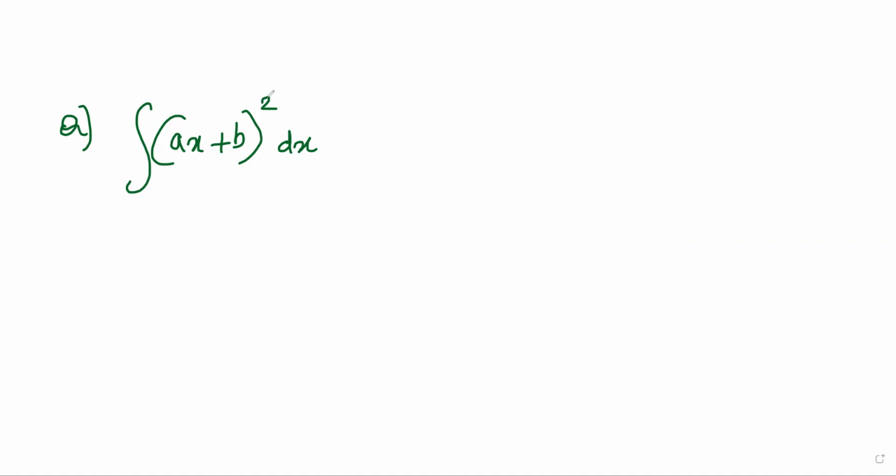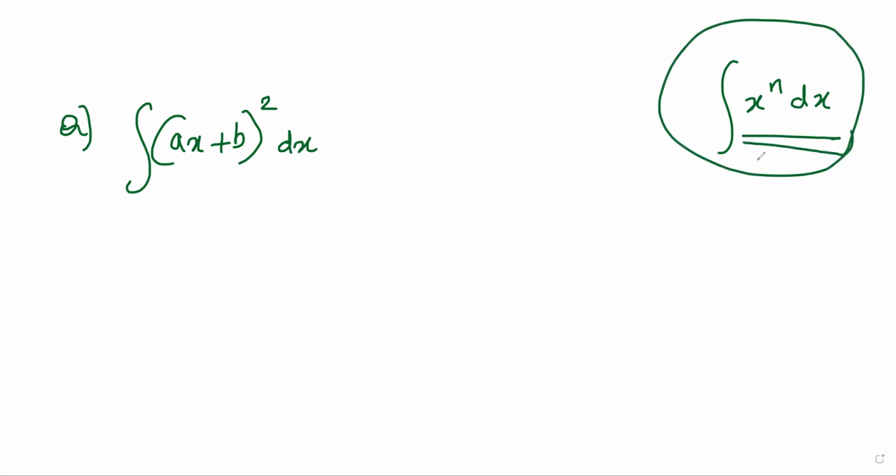Here we have something raised to something, isn't it? So it is of the form integral x raised to n dx. But be careful when you apply this formula. Before that, you have to check whether the thing inside is linear. Then only you can directly apply x raised to n plus 1 by n plus 1. Linear means you will not see any square or cube inside.